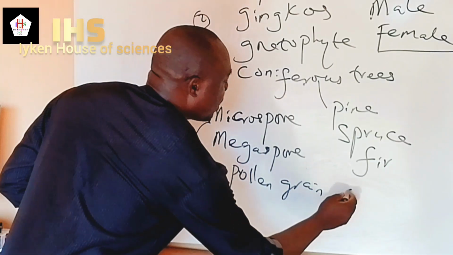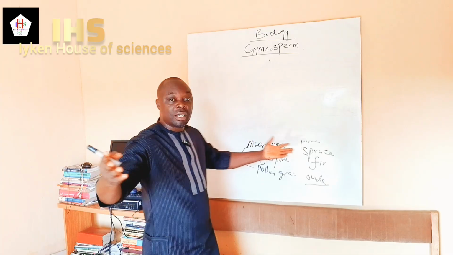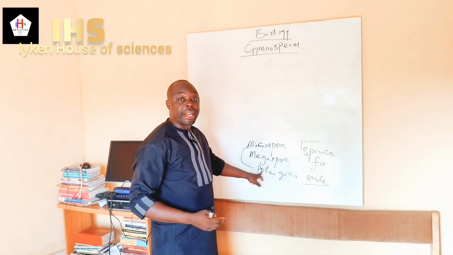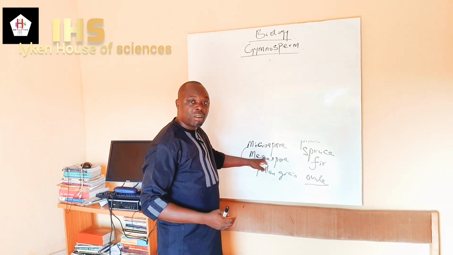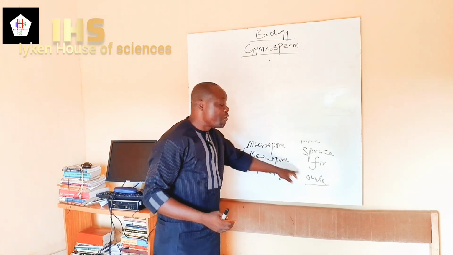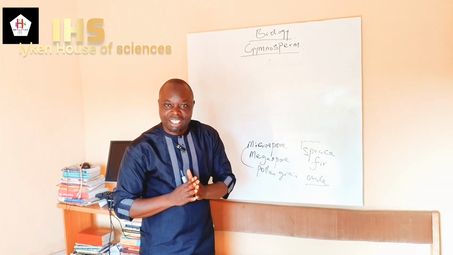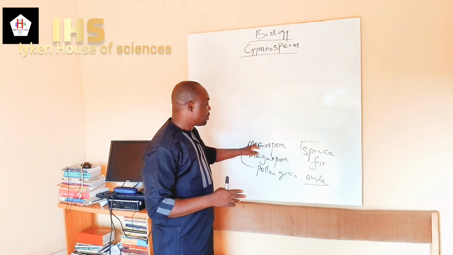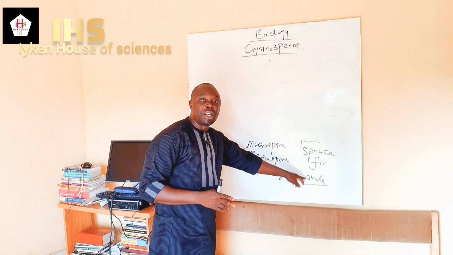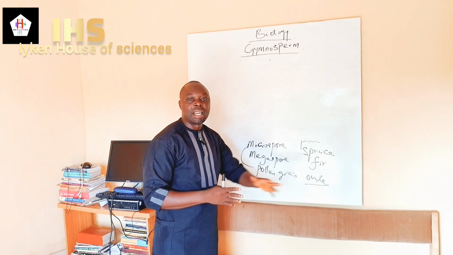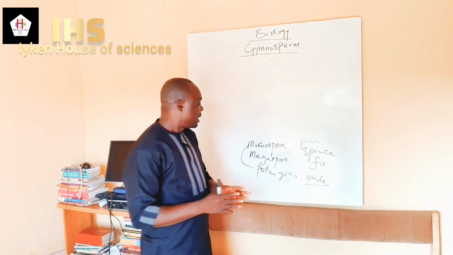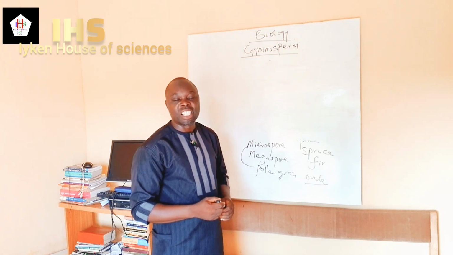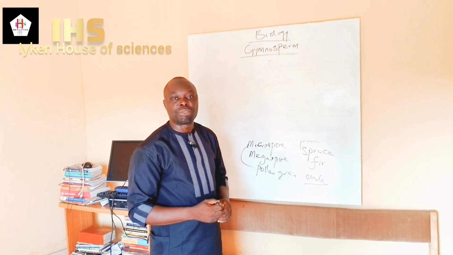So I said it is the microspore that produces the pollen grain, and it is the megaspore, that is the female, that produces the ovule. During pollination, the pollen grain is transferred from the male cone to the ovule, and the embryo is produced, which develops into a seed that has a protective covering.